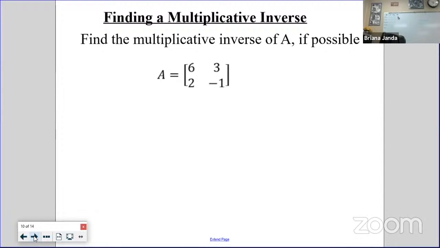Find the multiplicative inverse if possible. Oh, I will say sometimes these end up with some kind of ugly fractions in them, and that's okay. To be expected when I have to maybe be distributing a fraction through. All right, our matrix is 6, 3, 2, -1.